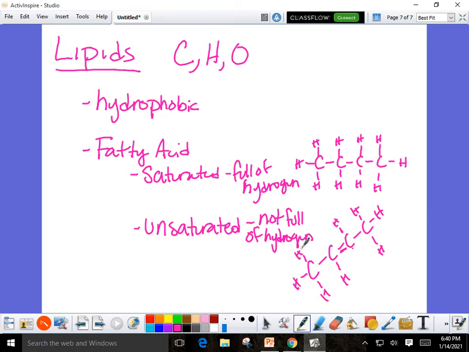So as you can see, we could break one of those double bonds between those two carbons in the middle, and we can add two more hydrogens onto this molecule.